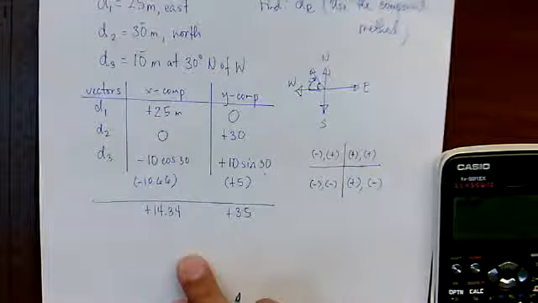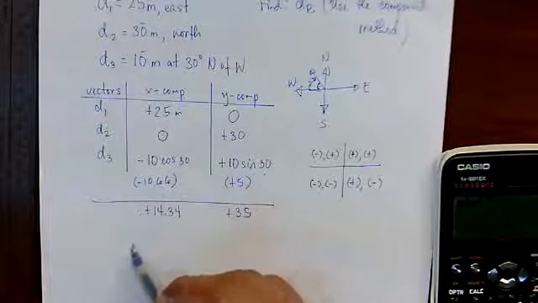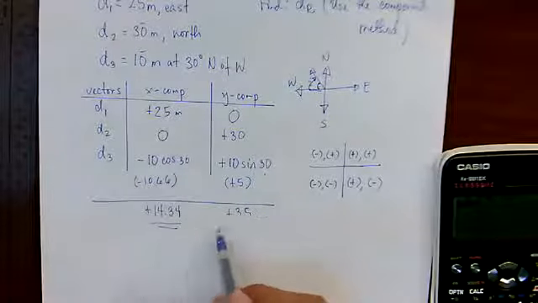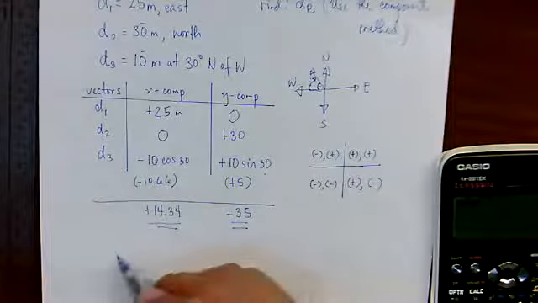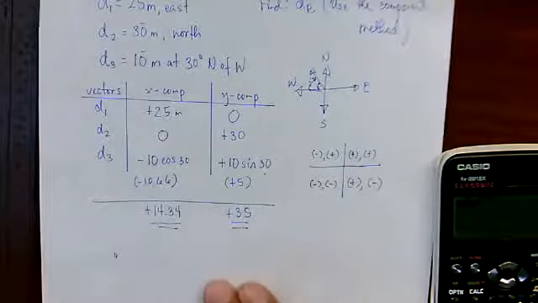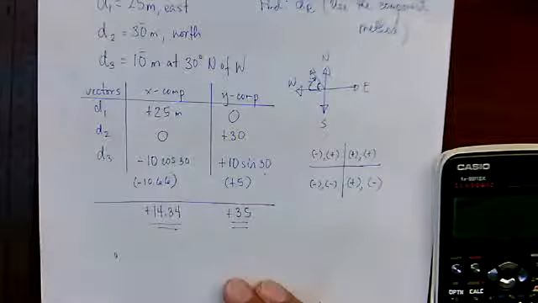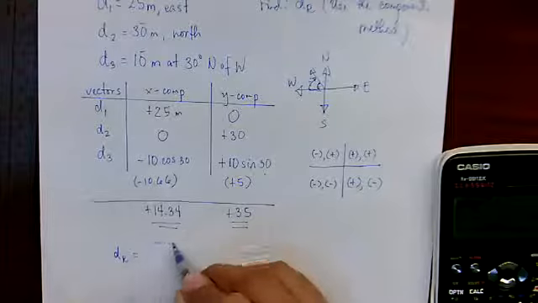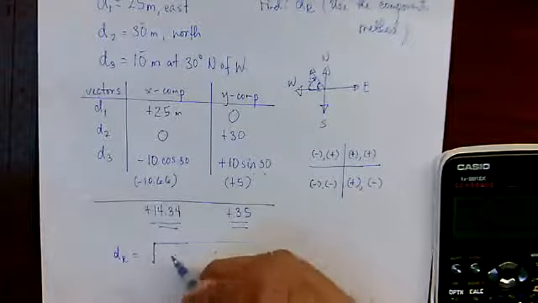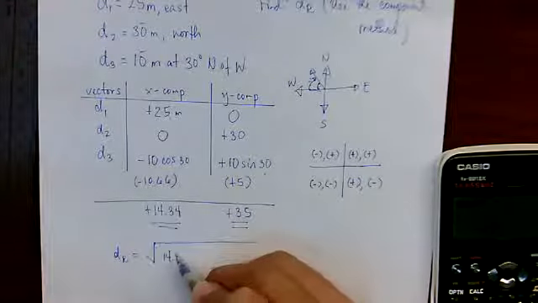Since we have already reduced this to one X value and one Y value, the next step is to use the Pythagorean theorem to get the resultant magnitude. The resultant magnitude, D sub R, can be found using the Pythagorean theorem.